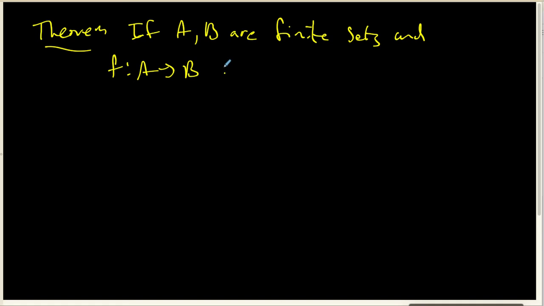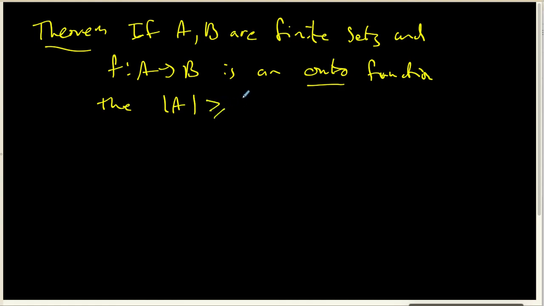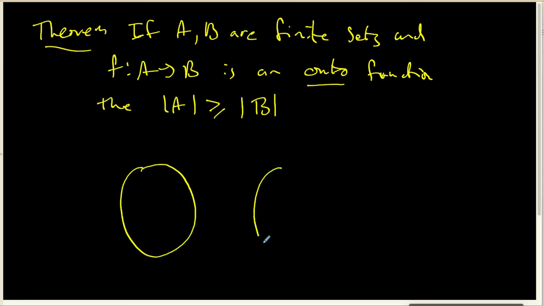If A and B are finite sets, and f from A to B is an onto function, then the number of things in A has to be at least as big as the number of things in B. Again, I don't want to do a formal proof, but I do want to do an arrow diagram illustration of why this theorem works.